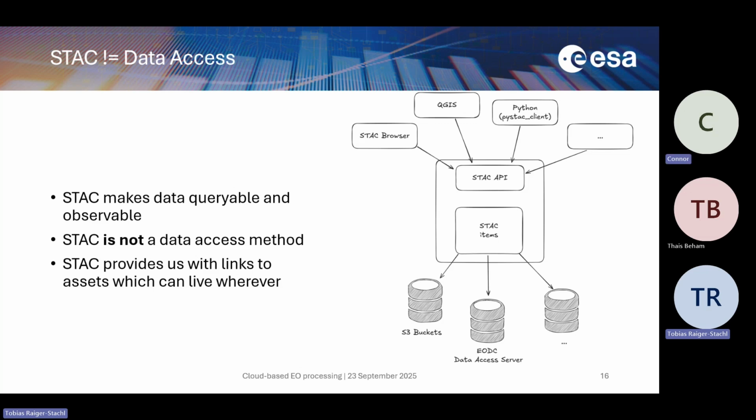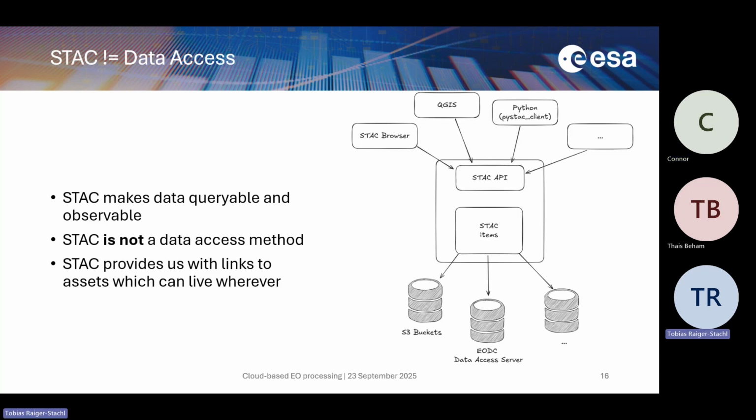The second collection is maybe stored in some S3 buckets in a different company or entity. But you can find all the data you need in one STAC catalog or in a variety of STAC catalogs. So STAC provides us with links to the assets, and those assets can live wherever.